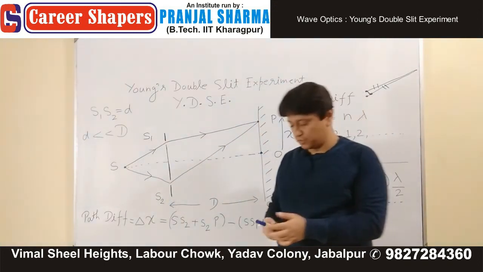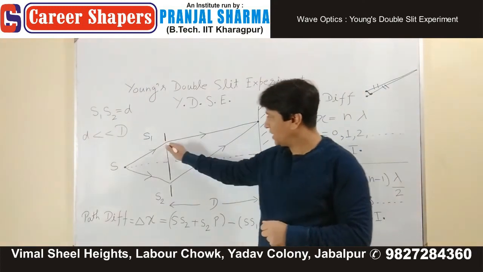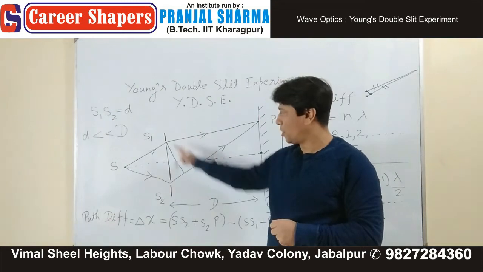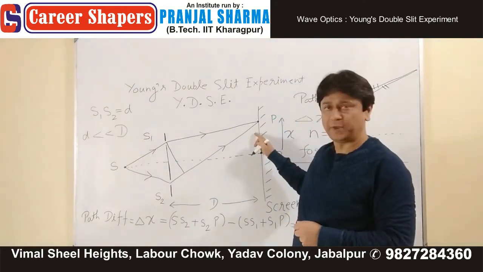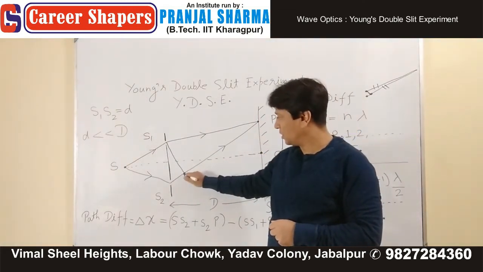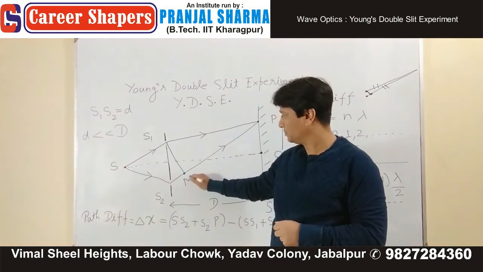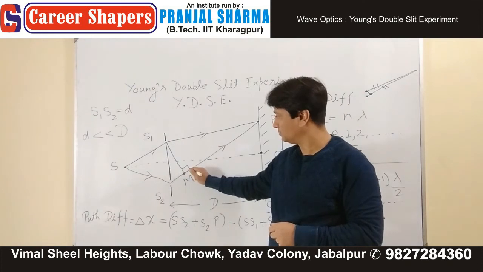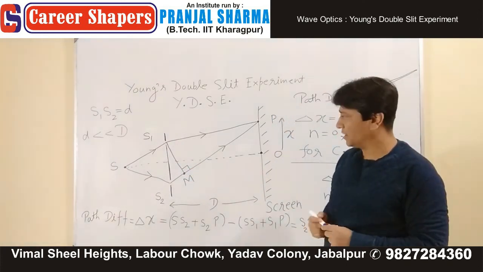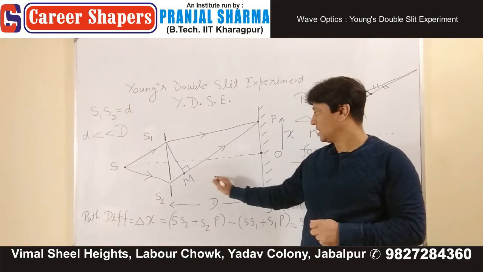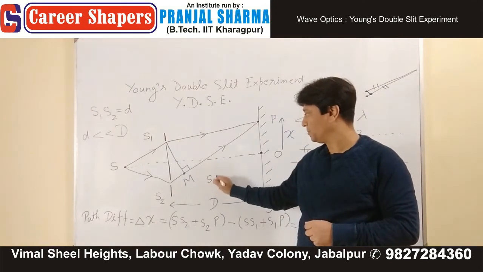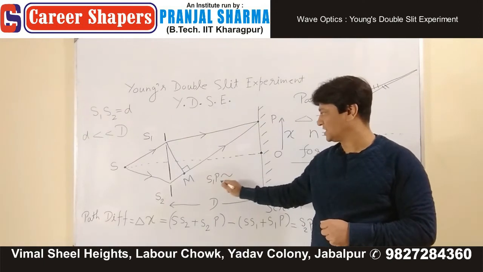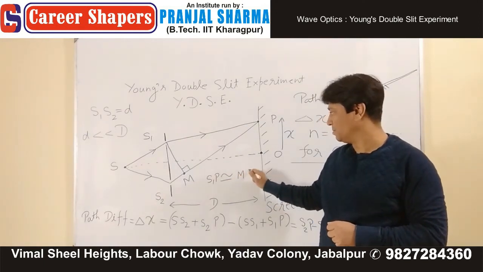Look here in the larger figure. If I drop a perpendicular from S1 onto S2P, and if it falls at M, this is a perpendicular, then we are saying that S1P is approximately equal to MP.